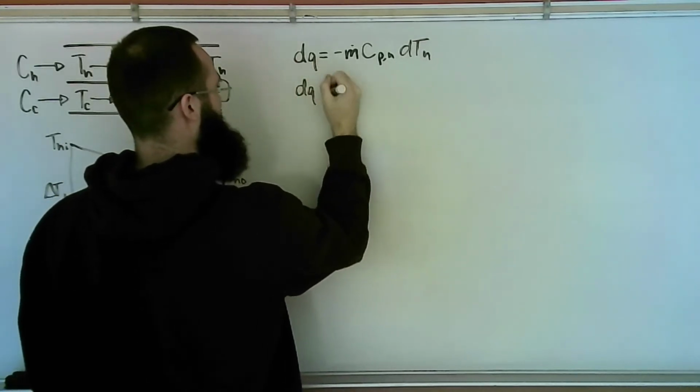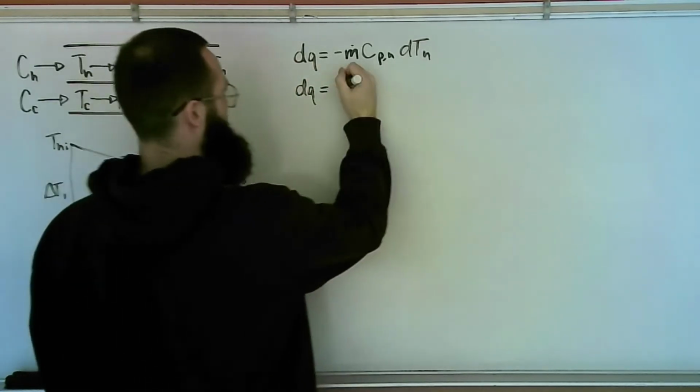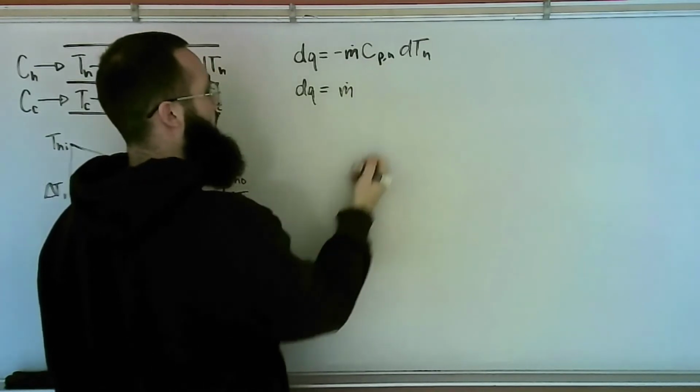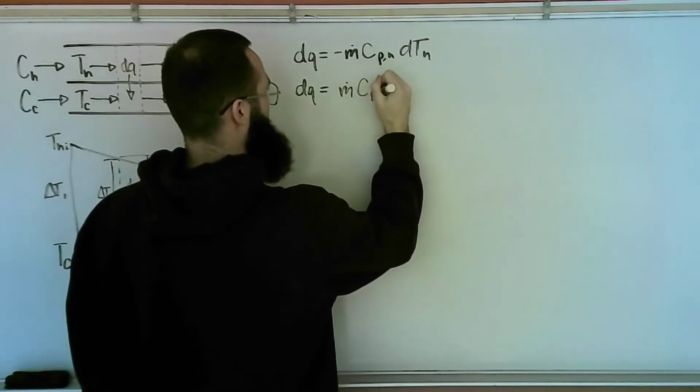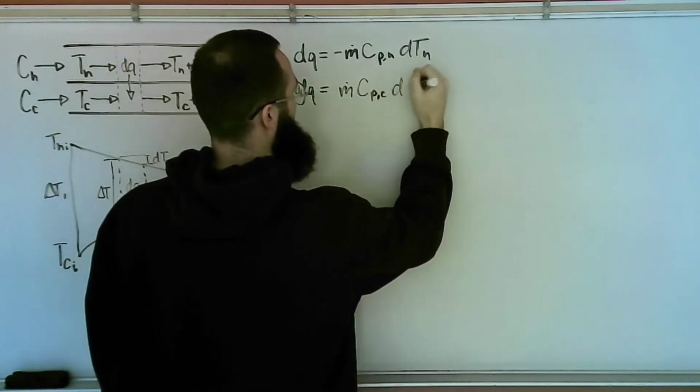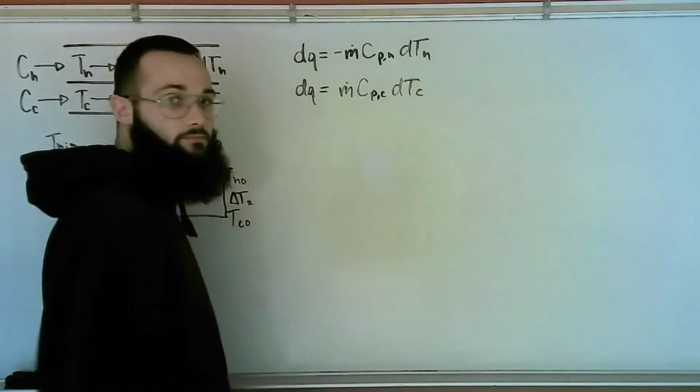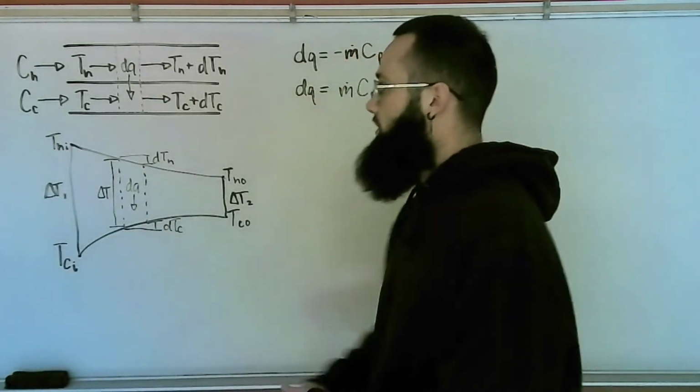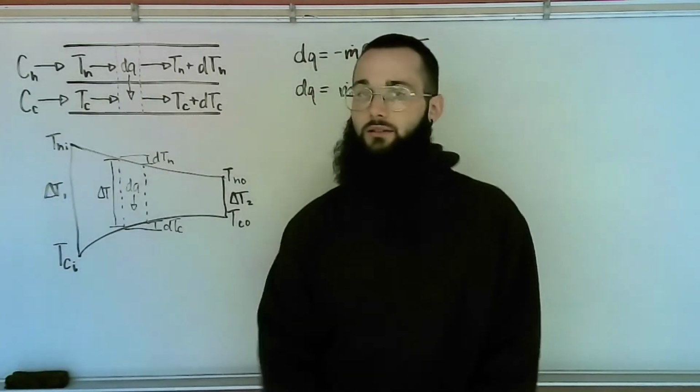We're going to do the same thing for the cold stream. So dQ is going to be, this time, positive: the mass flow rate, heat capacity of the cold stream, dTC.